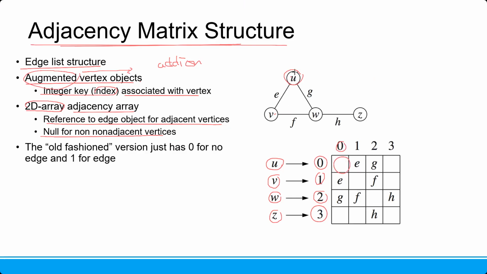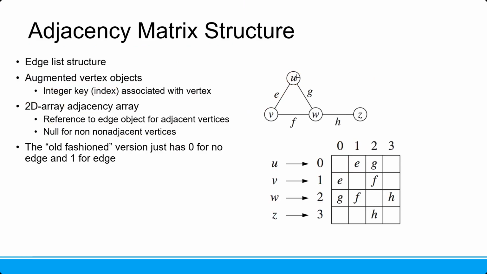What about from U to V? From 0 to 1, we have an edge, which is E. So we put E in this cell. From 0, which is U, to 2, which is W, we have G. We put G in this cell and so on.